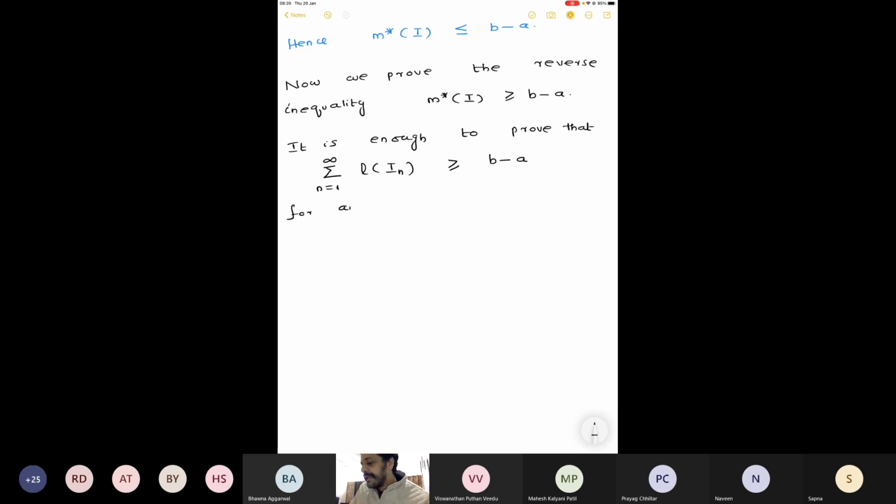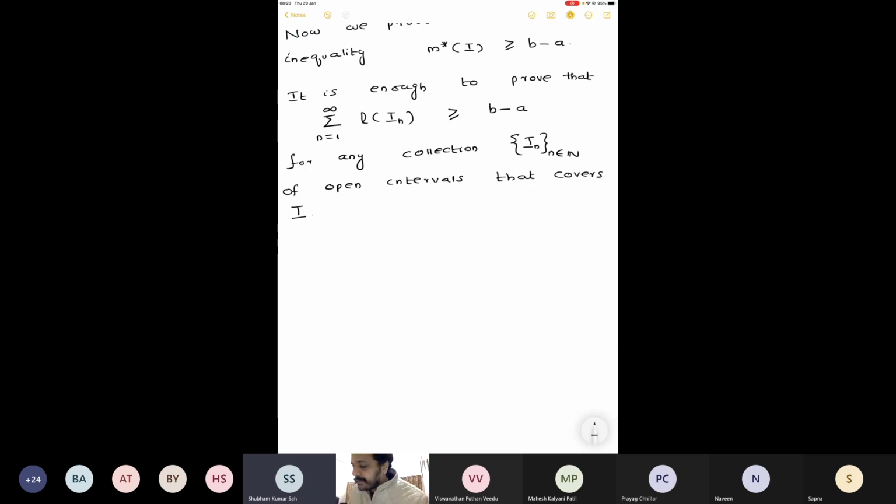for any collection In, n an element of N (so countable is clear), of open intervals that covers the set under consideration, namely I. So let us start with one such collection.